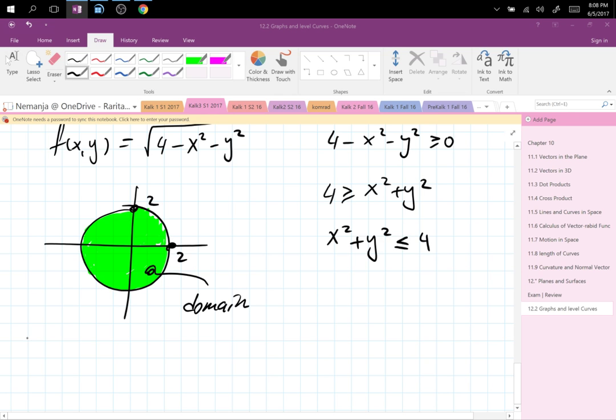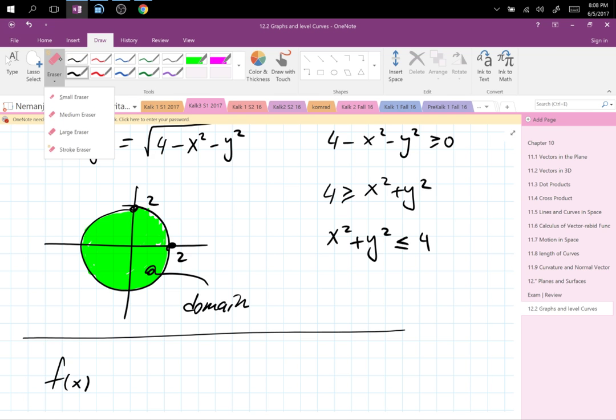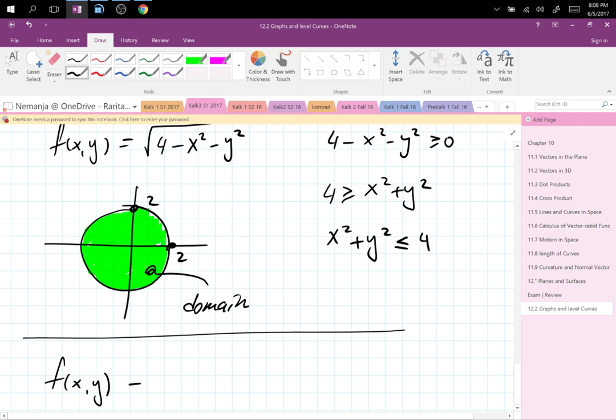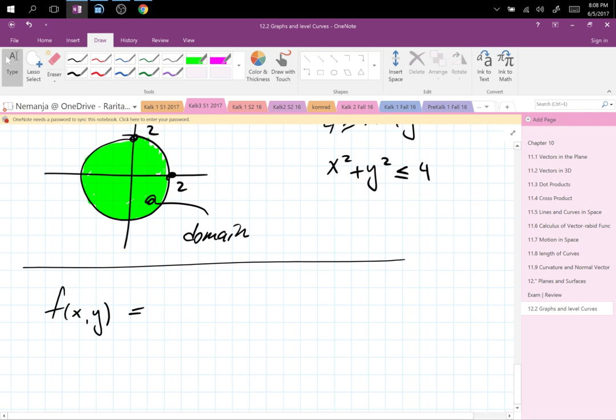Now, this next problem is pretty much the same. Again, we are looking for the domain. But this time I want to say, how about x squared y times ln of xy?